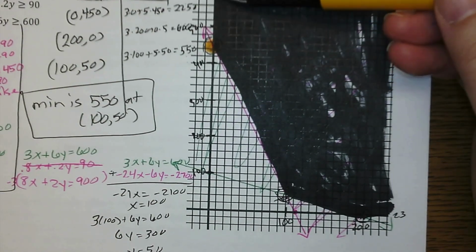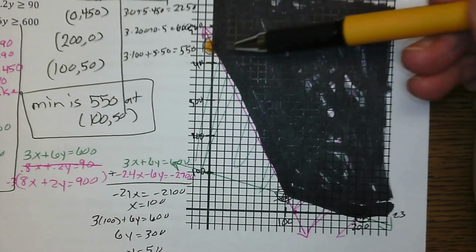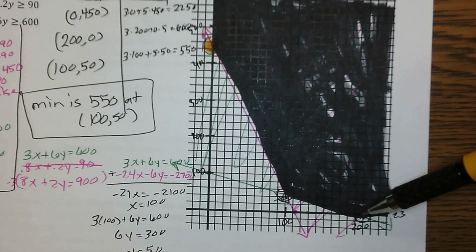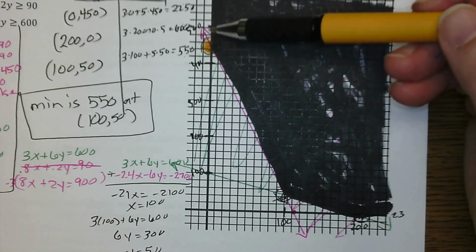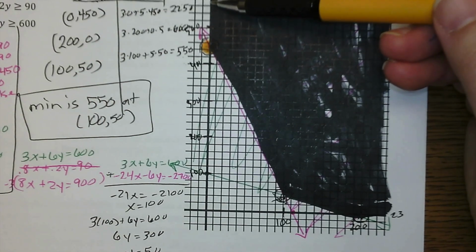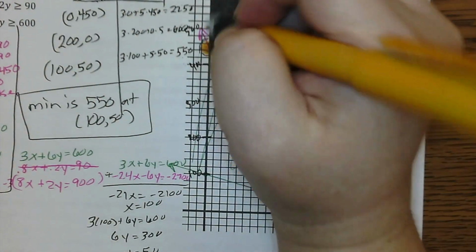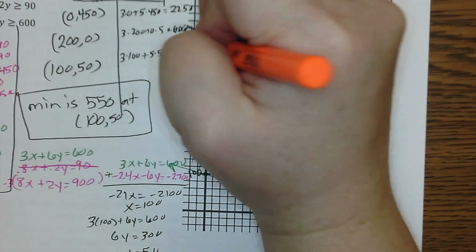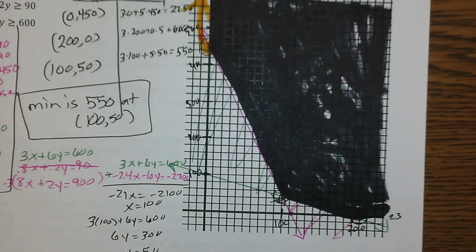Because it's the point closest to going to infinity, which would be here, it would also be down here at 200, 0. But because it's on the border of going to infinity, there might be a better point out here where the answer gets even smaller. So we need to pick a point further out on this boundary, further up the edge of our region.